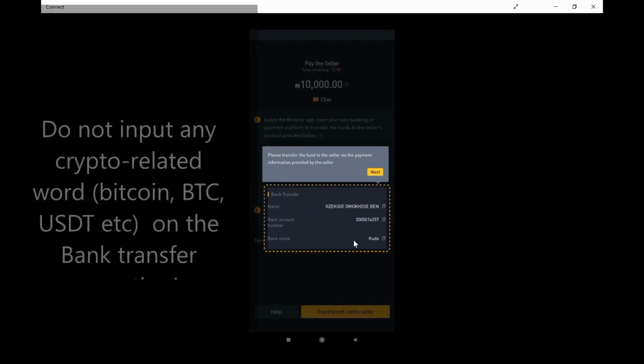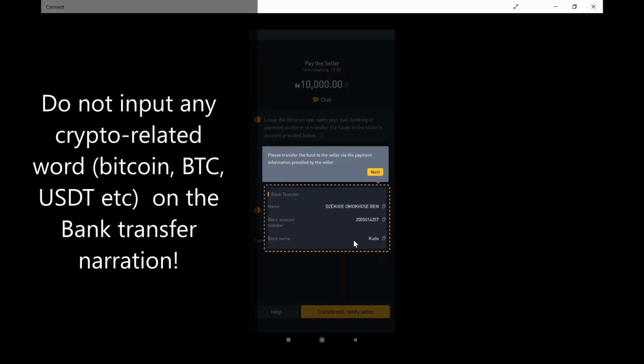Here we can see Coco, the so-called Coco. The name on the account is Ezekigwe Omokose, whatever. Then the bank account number is there, and the bank name is Kuda. So you copy this, and then you go back to your bank app, enter this, and pay the exact amount, 10,000.